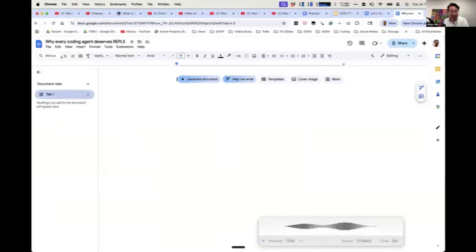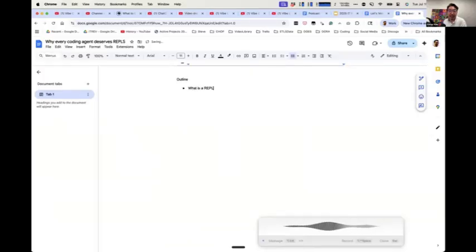I created a little section here called "Why Every Coding Agent Deserves a REPL," and I'm going to make a little outline: what is a REPL, what are the benefits, and an example of a coding agent benefiting from a REPL. Then I'm going to wait for this transcription to finish.